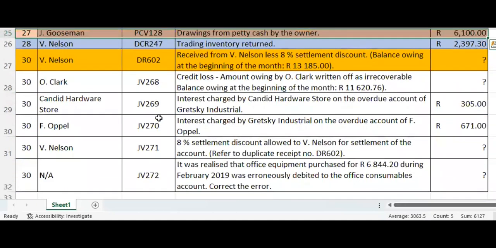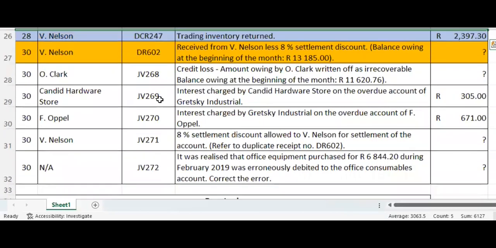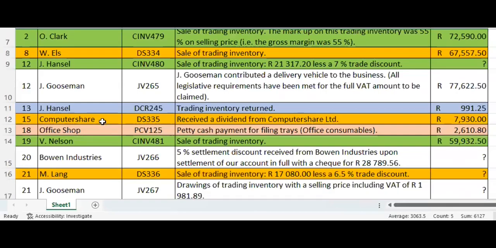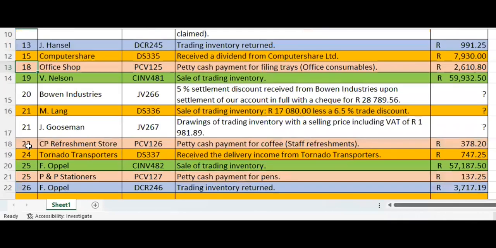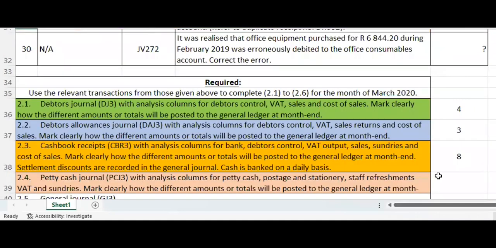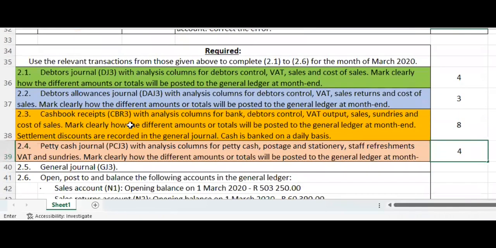PCV, and all these last ones we can expect to be journal vouchers, and they are. So now let's count them. I already did. I know there's 4, but in case you missed it, it's 1, 2, 3, 4. So we are going to have 4 entries in our petty cash journal.